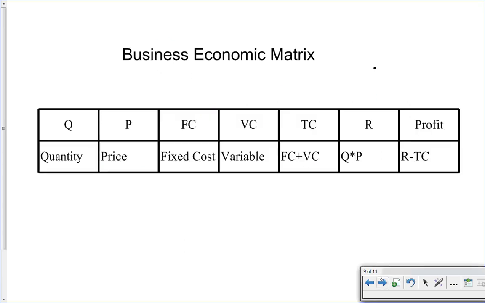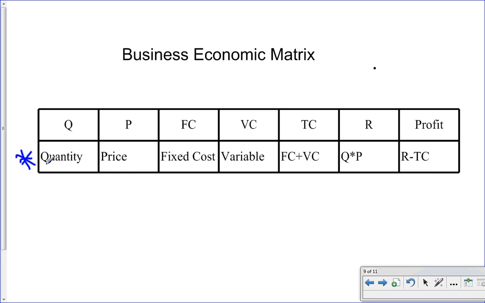Okay. Now we're going to get down and dirty, and this is where the math really comes in, and this is where we are going to apply all the knowledge. Now, whenever you are going to ponder over a microeconomics question, I want you to be able to draw this matrix. Now, you're not going to necessarily draw this bottom row right here. I've just included that so you understand what each one of these means.